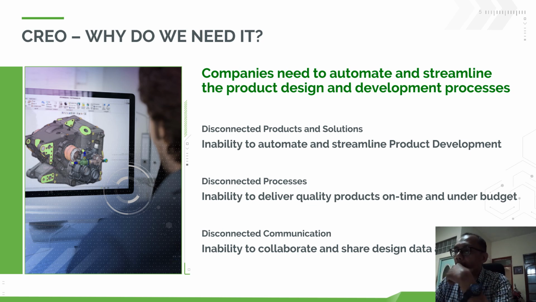Engineering time is lost identifying and implementing manual changes, making it difficult to deliver quality products on time and under budget. By introducing a number of alternating solutions, the efficiency of the product development process is degraded with the introduction of mixed data formats, requiring data translation and manual forced updates.